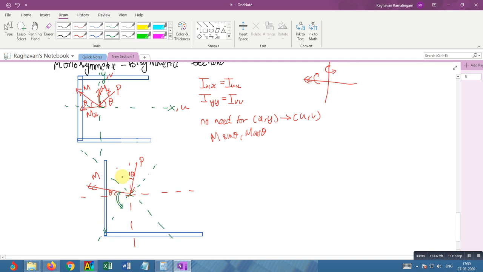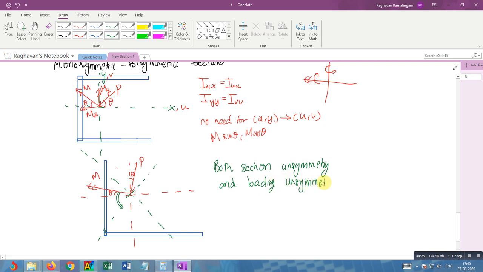That will take care of your issue when you have the complicated case where there is both section unsymmetry and loading unsymmetry. Okay, so this is how you can do that.